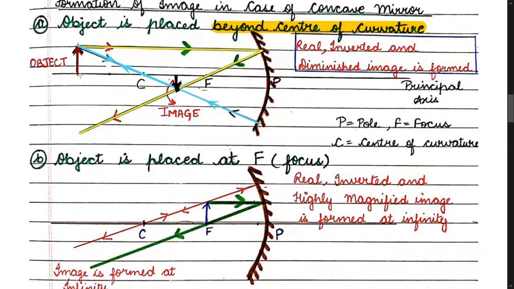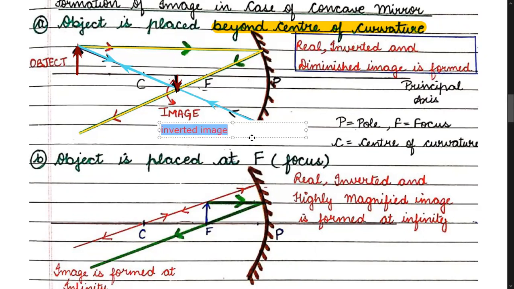This is an image. Now see students, when we consider the object, the arrow of the object is pointing upward. While in case of the image, the arrow of the image is pointing downward. So students, this kind of image is known as an inverted image.